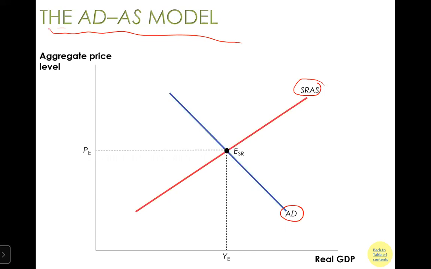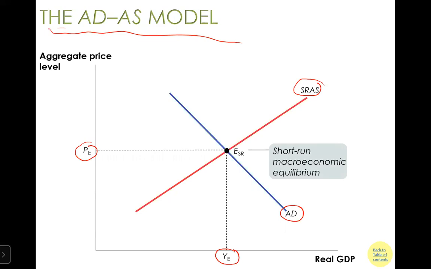And so from bringing them together, we are going to see what determines price. And finally, that's going to tell us what determines the equilibrium real GDP, right? So these two things cross each other.